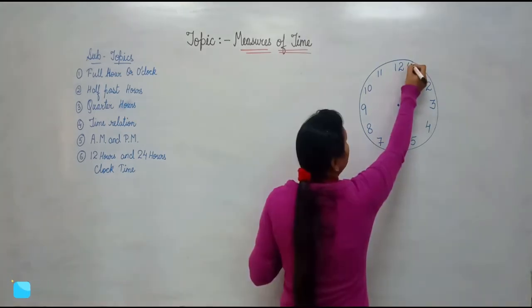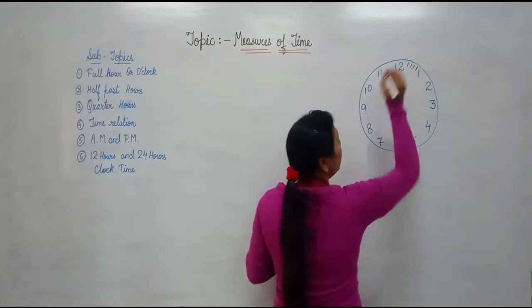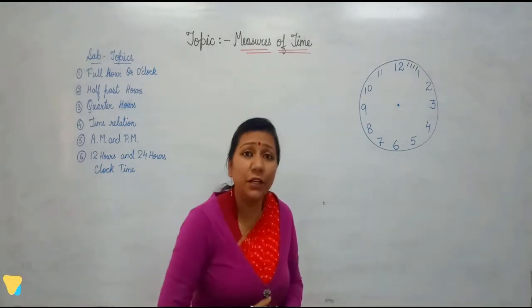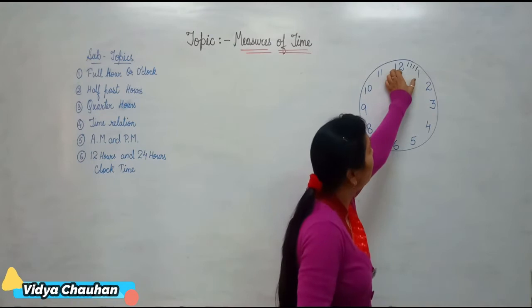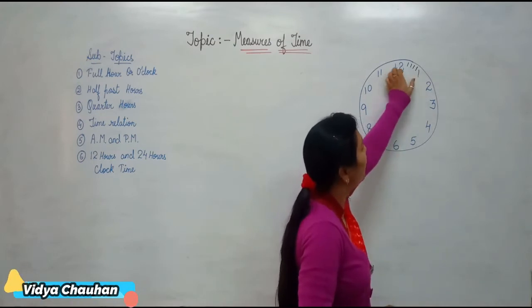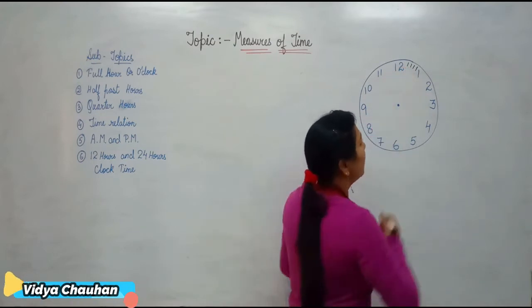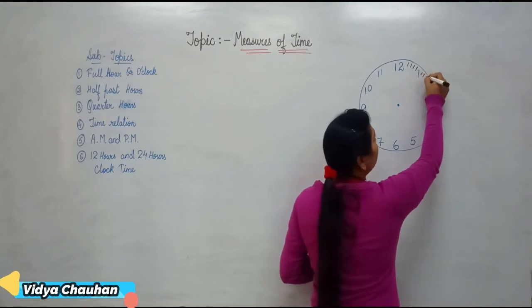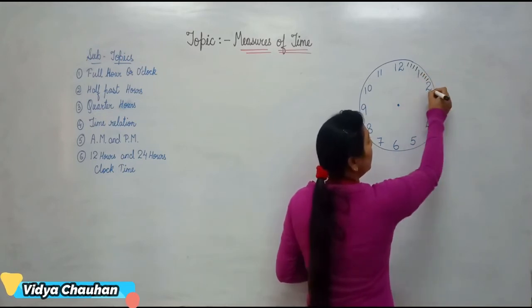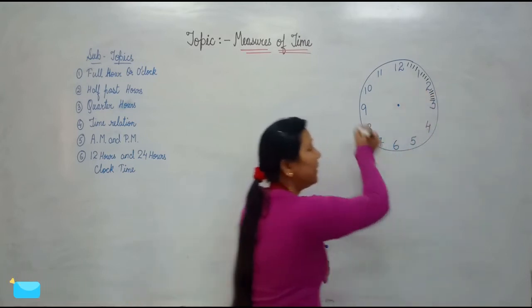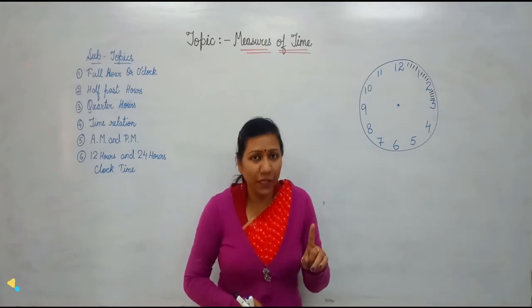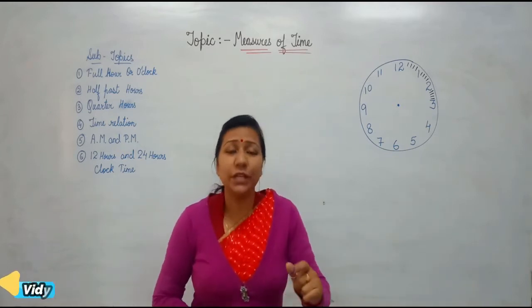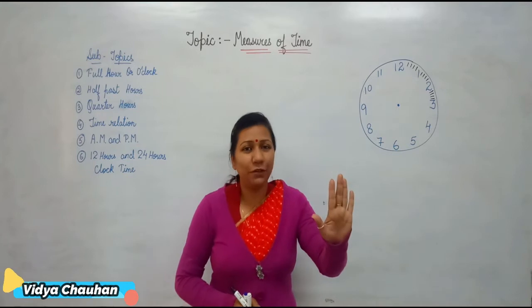After division, every single division is subdivided into 5 subdivisions. That means from 12 to 1, 5 subdivisions; 1 to 2, again 5 subdivisions; 2 to 3, again 5 subdivisions, and like that it goes on. So basically the clock is divided into 12 divisions, and then each division is subdivided into 5 divisions.